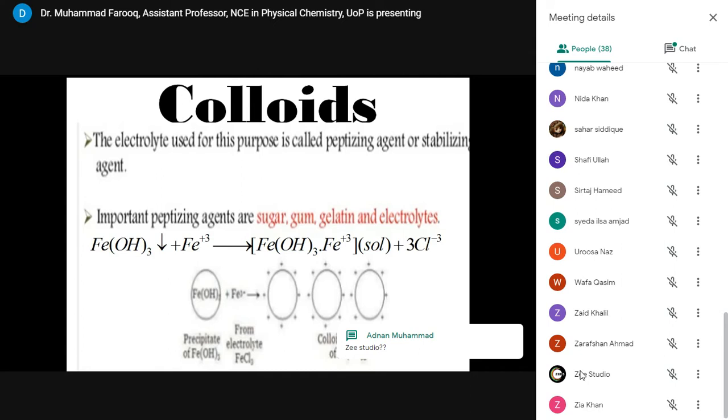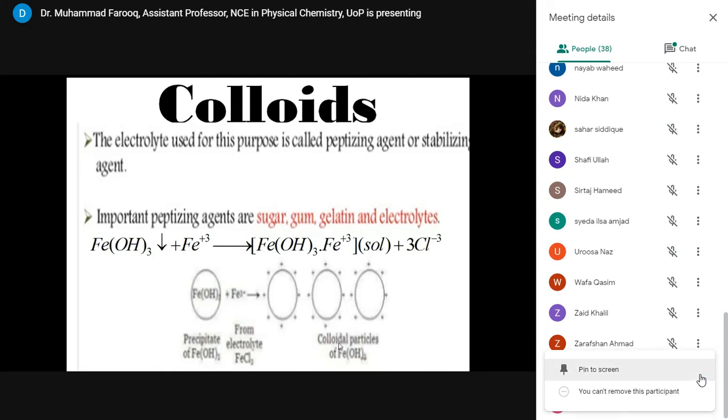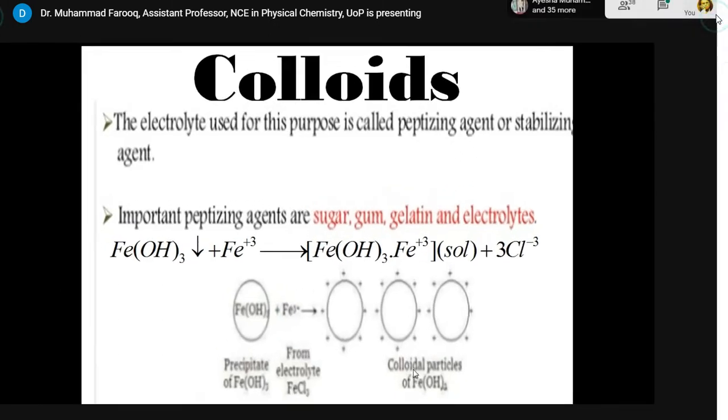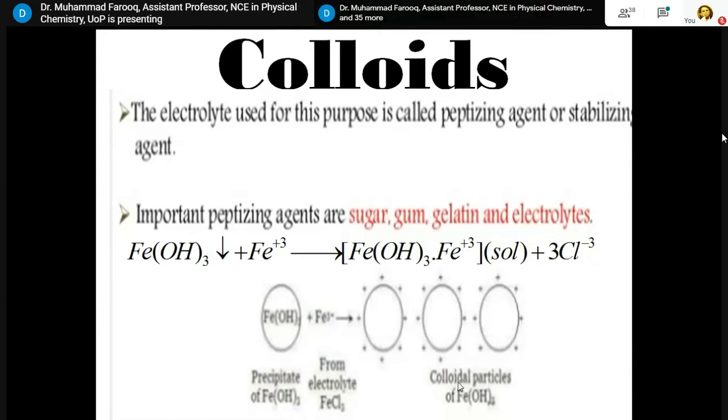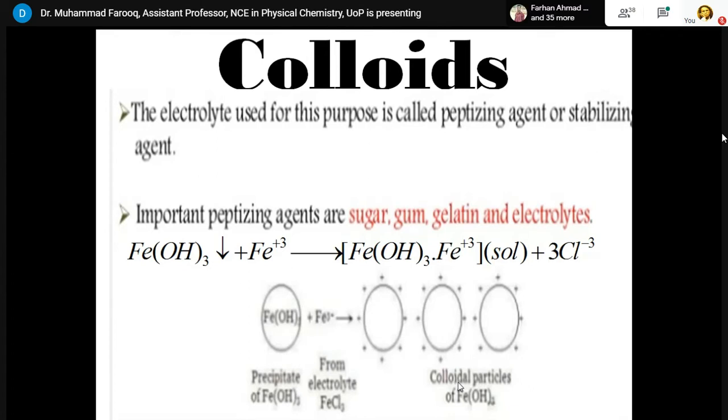When we put iron, the particle size is reduced to a sol. So this is called peptization. The electrolyte used for this purpose is called a peptizing agent or stabilizing agent. Important peptizing agents are sugar, gum, gelatin, and electrolytes. So this is the example, iron hydroxide.